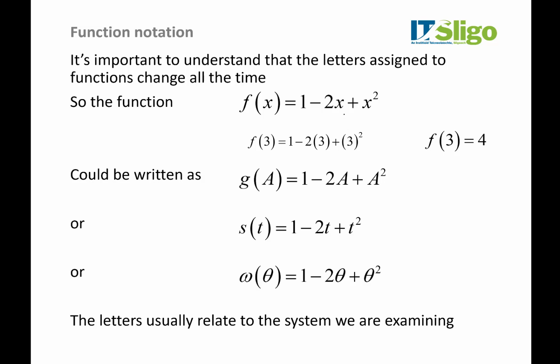Now, by the exact same logic, g(3) would be 4, s(3) would be 4, omega(3) would be 4, because it's the same input being fed into the same microprocessor. We're going to get the same output each time. So it's really important in science, guys, not to be put off by the letters of the system.